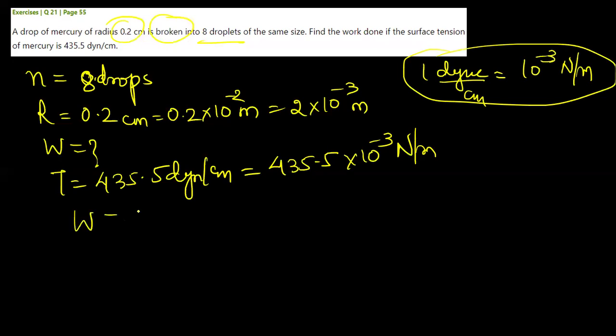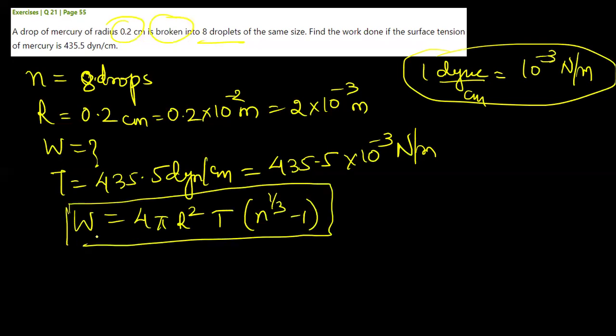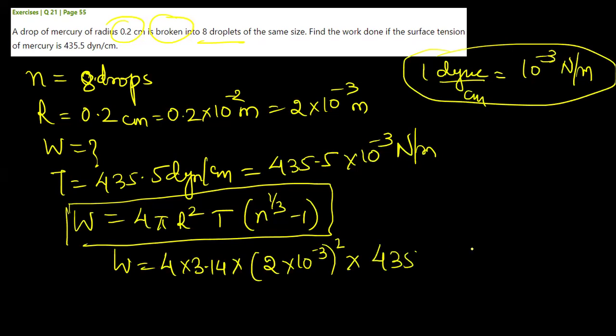Here the formula will be 4 pi capital R square T into n raised to 1 by 3 minus 1. So now substitute the values: 4 into 3.14 into R square, that is 2 into 10 raised to minus 3 whole square, T is 435.5 into 10 raised to minus 3, n raised to 1 by 3.